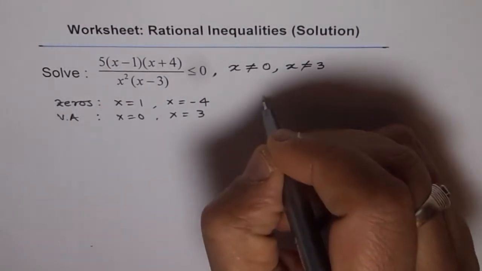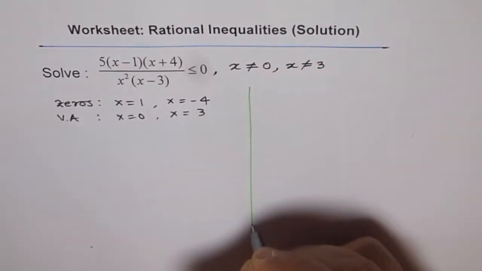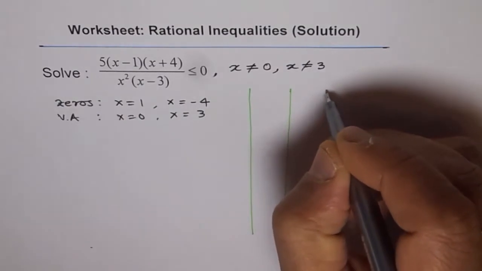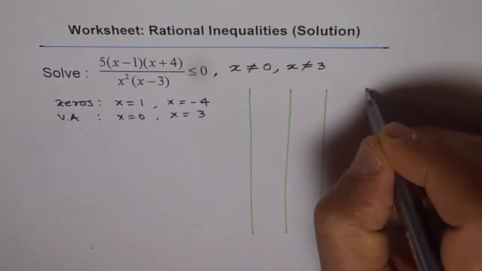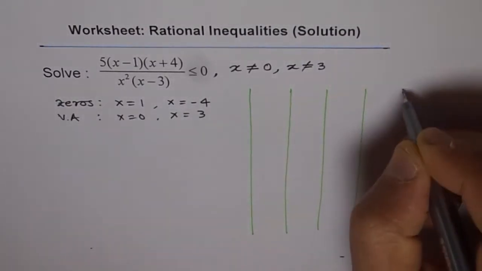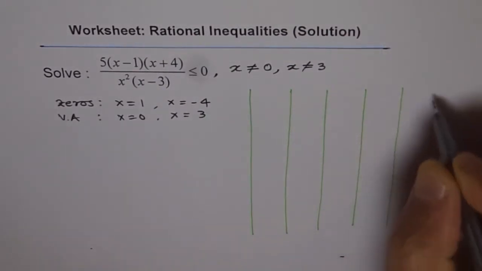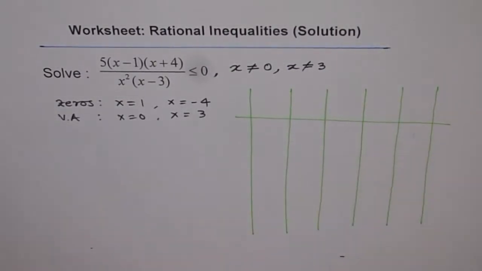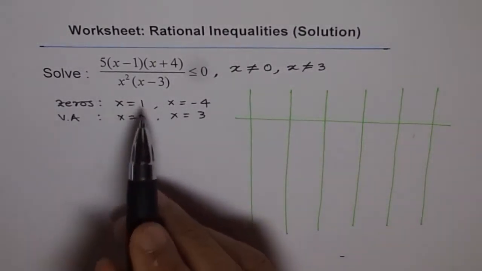So let's draw some lines here. These lines will represent our zeros and vertical asymptotes, and we'll make kind of a table. It's a combination of a table within a coordinate plane, right? Think of it like that.